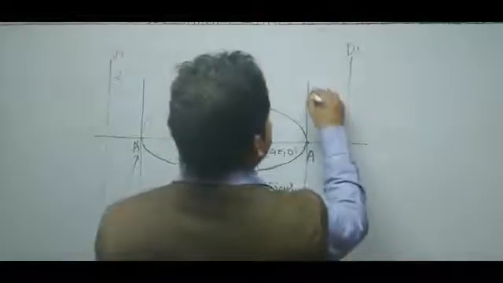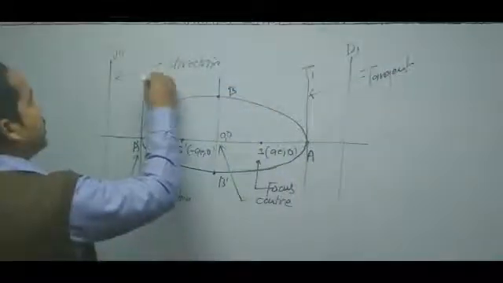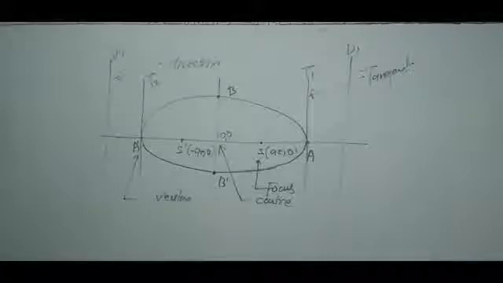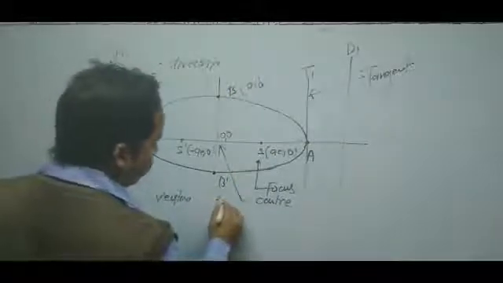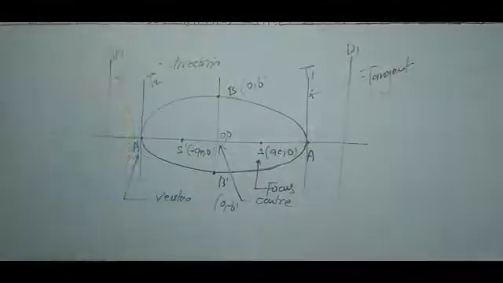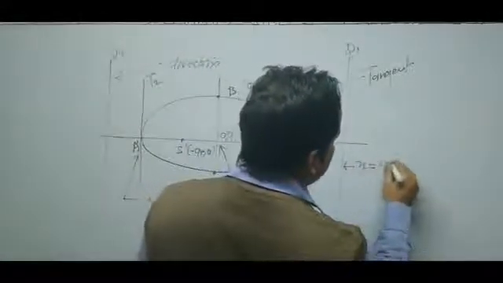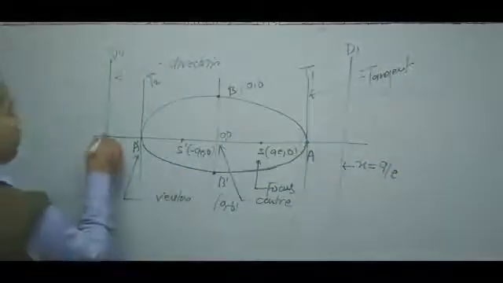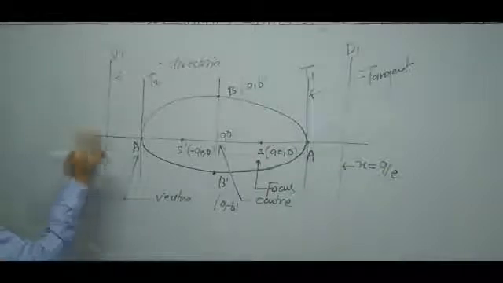Suppose D1 and D2 are the directrices, and these lines are the tangents. This is T1 and this is T2, there are two tangents. Now this coordinate is (0, b) and this coordinate is (0, minus b), and the equation is x equals a by e. The other equation is x equals minus a by e.